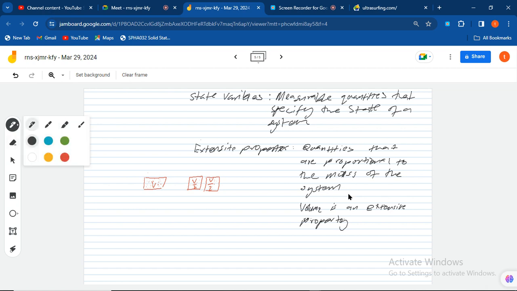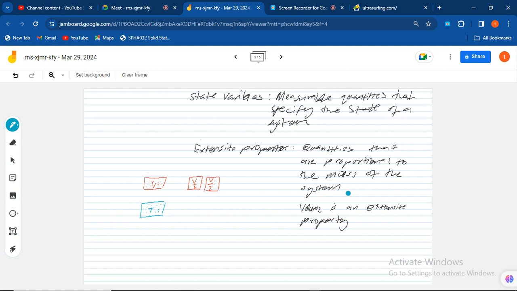Now you can also check another property, which is, let's say, temperature. We have that block, with temperature here. Let's say there are some particles or gas there.